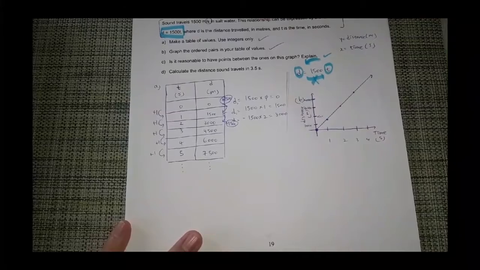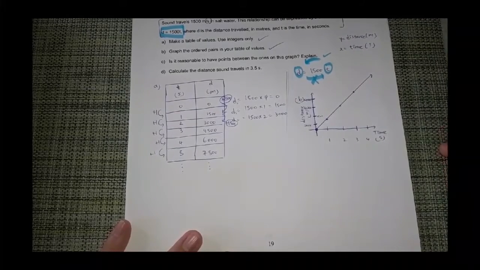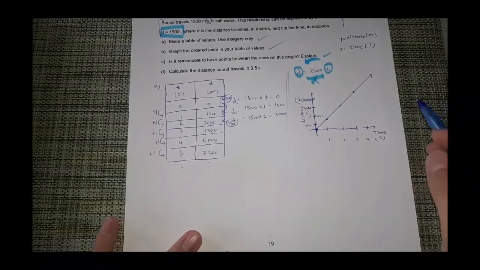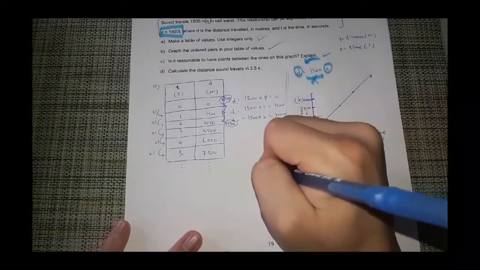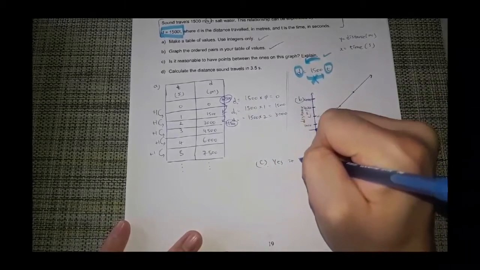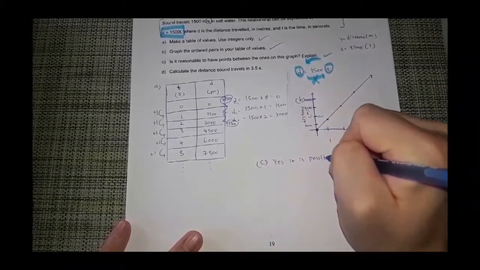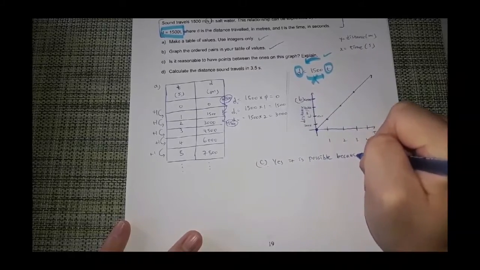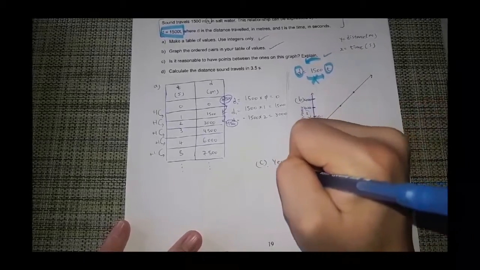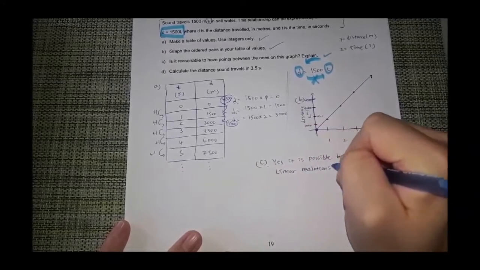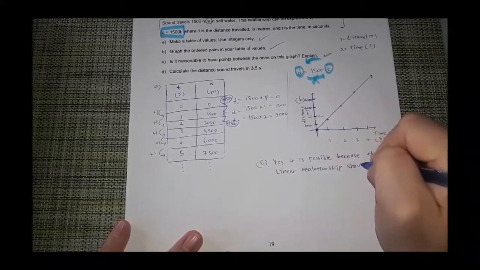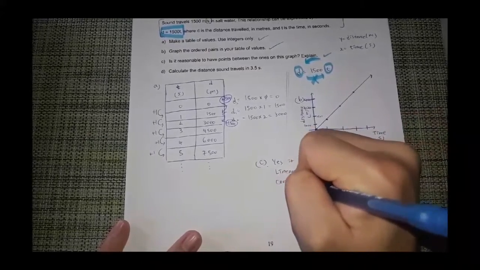So second part, check. Is it reasonable to have points between the ones on the graph? So in this question, it is asking, is it possible to have any coordinate in between? I like to say, when it comes to C, yes, it is possible because the linear relationship shows a continuous pattern.